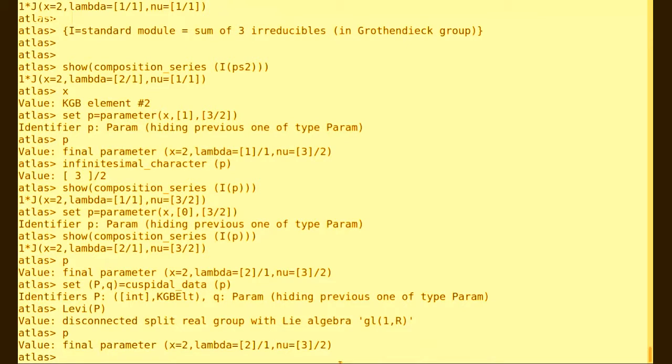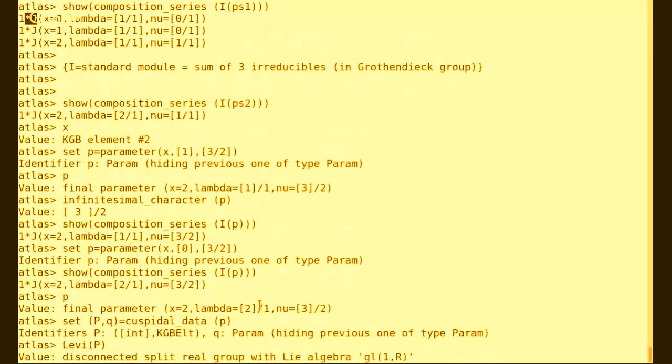We're not really learning very much here because it's a very small group and there's not that much going on. But you can extract the actual character of this Cartan this way by referring to the cuspidal data.